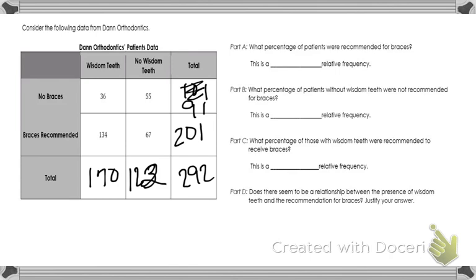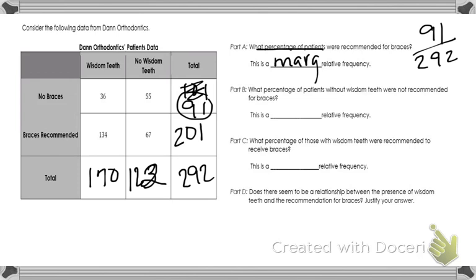All right, part A, what percent of patients? Well, all of them are patients. So of patients, that's 292, were recommended for braces. This is a marginal relative frequency, because we're using the margin and the total.